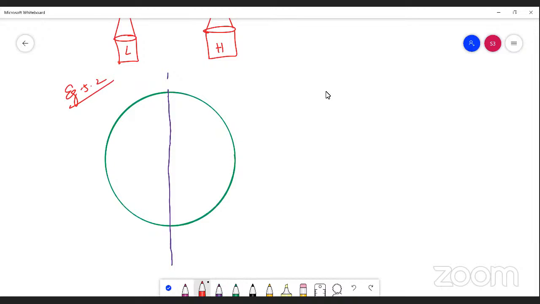A small portion of radius r by 2 is cut. Actually, total radius is capital R, as you know. This is the center O. This is the radius R. Actually, a small portion is cut over here. This is the remaining portion.